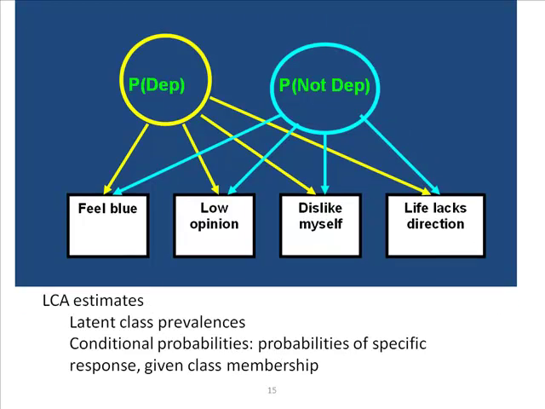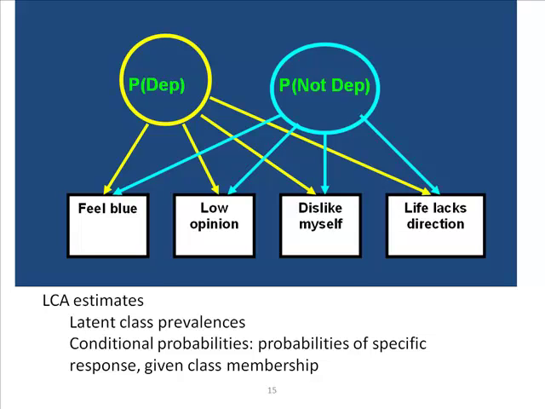What the latent class estimates actually provide us is the prevalences in each of these latent classes. So how many people are classified into this class, how many people are classified into the other class, that's what it gives us. It also gives us the conditional probabilities. So what's the probability of scoring high on the feeling blue questionnaire if you're in class 1?